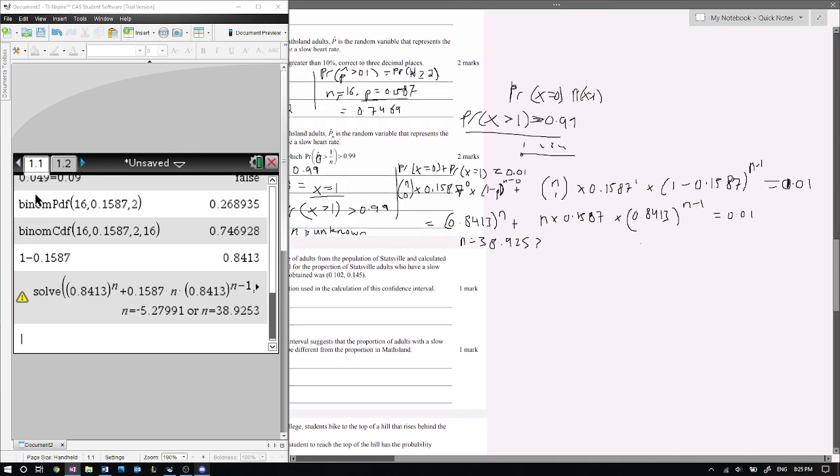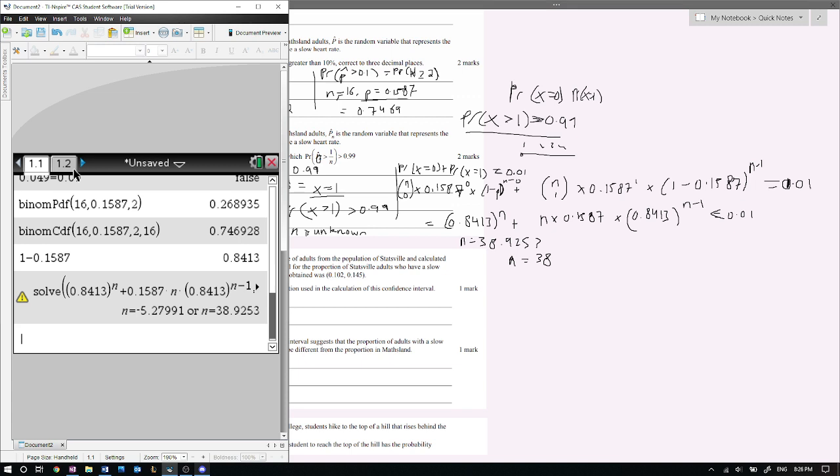We're trying to actually find n such that it's lower than 0.01. And because of this lower symbol here, we can actually round that down. Because if you think about it, if you round up, you're exceeding the minimum probability. But if you're rounding down, you're staying within the limits.